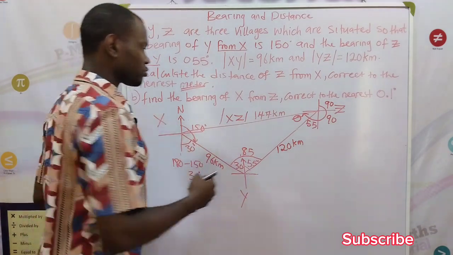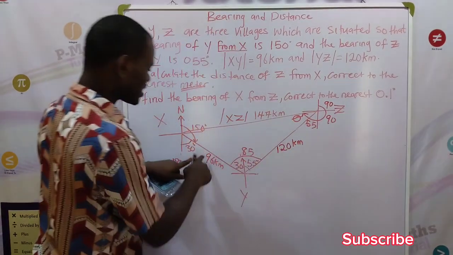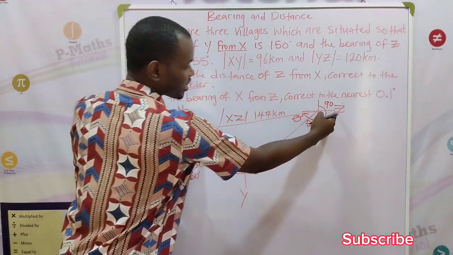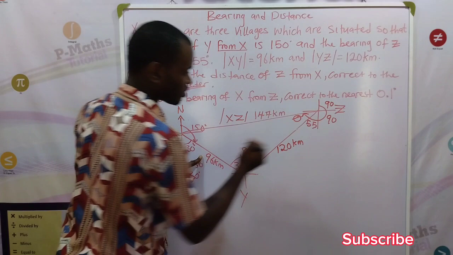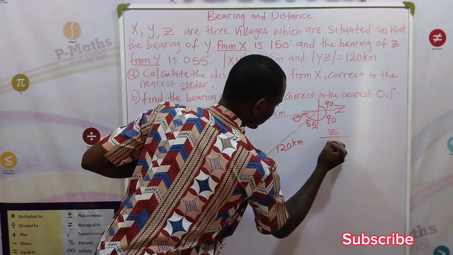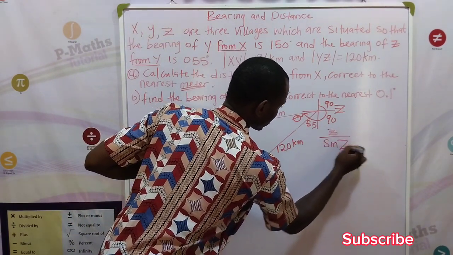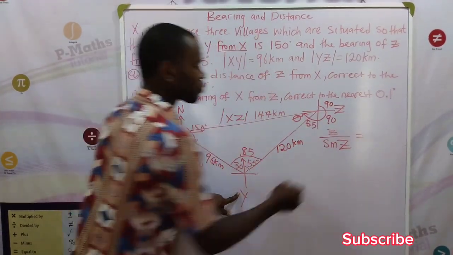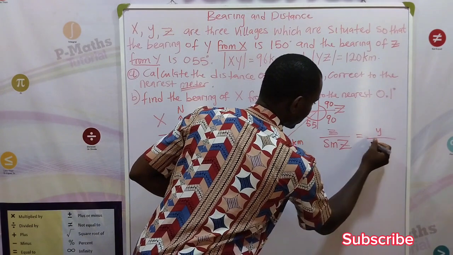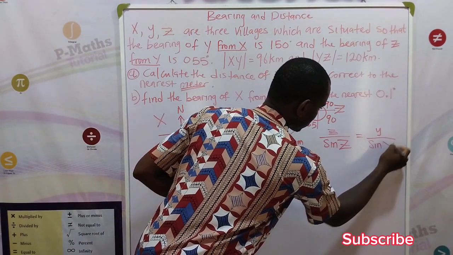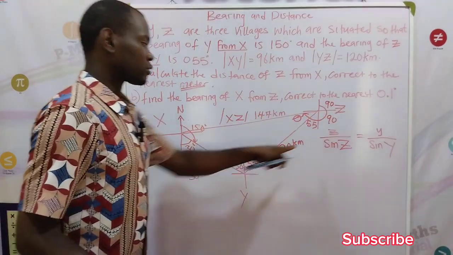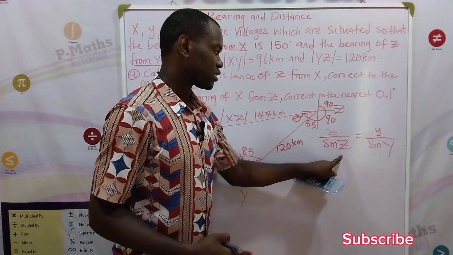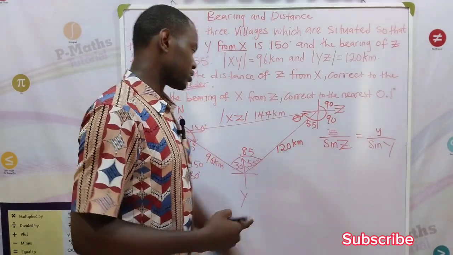So when you have a condition like that, we use the sine rule, okay? Now we're going to be solving small letter z, since here is Z, the side facing it is small letter z. So small z over sine capital Z, here is Z, will be equal to, here is Y, so I'll use small y over sine capital Y. The small letter is the opposite side, the capital letter is the angle present.